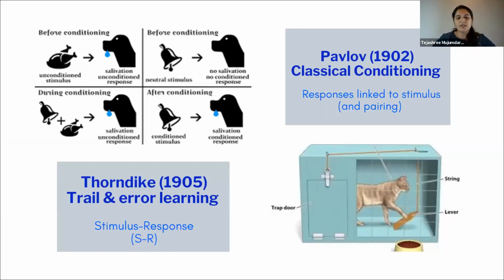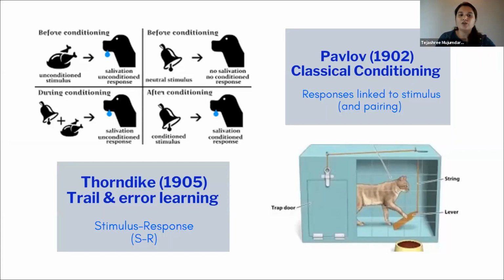Something that would naturally bring a response could be paired with some other item, and that other item can also bring the same response. The bell actually has nothing to do with the salivation, but still it got the same response. So responses can be linked to particular things or stimuli.